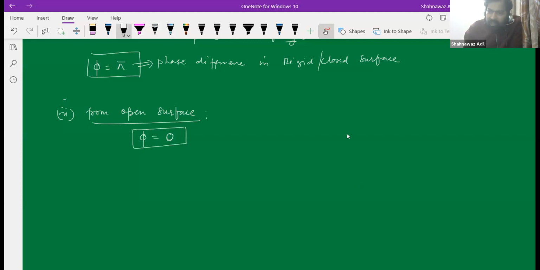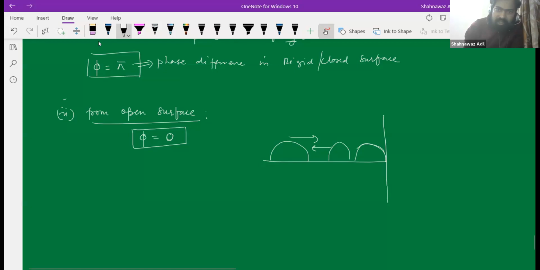So this is the incident wave, right? If it strikes this, then the outgoing wave would be in the opposite direction, and this would be the reflected wave.